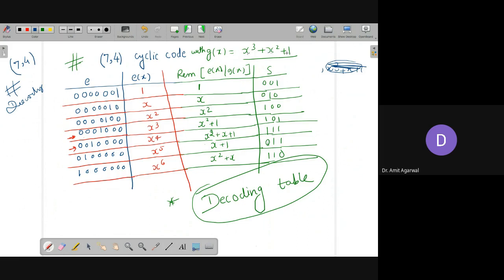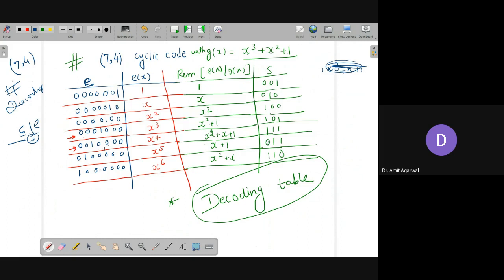For this, we first write the 1-bit errors. What are the possible 1-bit error patterns? Because it is a 7, 4 code, we transmit a 7-bit code word and there is an error. A 1-bit error means any one of these 7 places will be 1. So there are just 7 possible 1-bit error patterns.